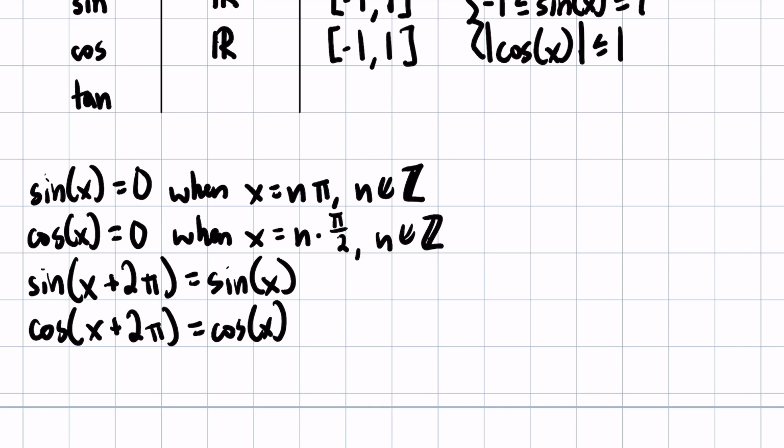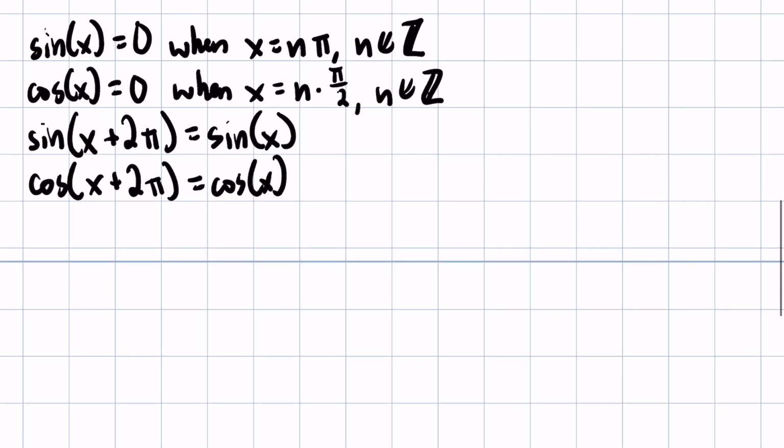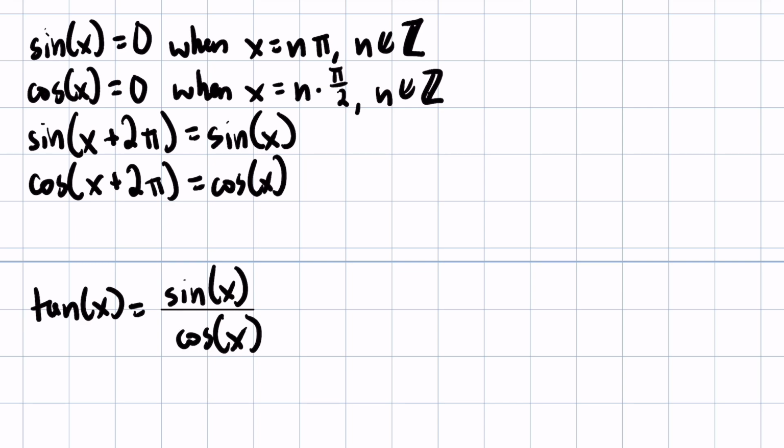And then we'll define the tangent function. So the tangent function is just the ratio of sine to cosine. Now, when we talk about the domain and range of tangent, the fact that it's a ratio becomes very important because we can't divide by 0, right?